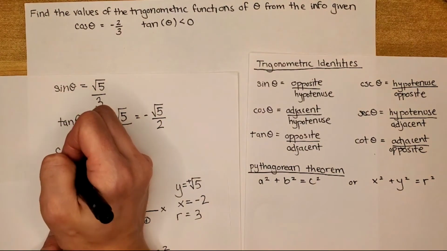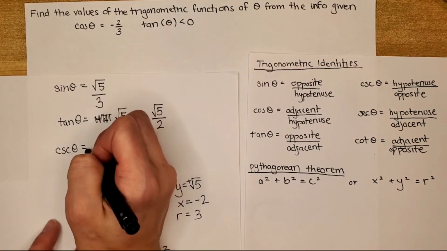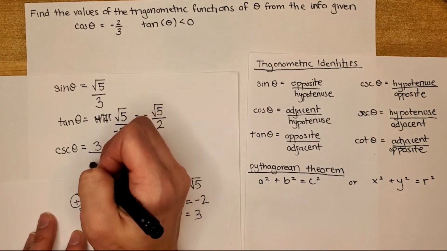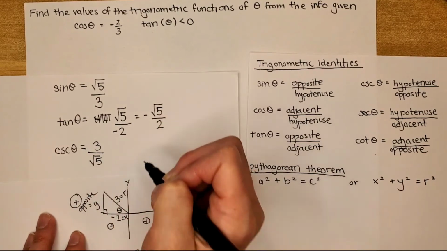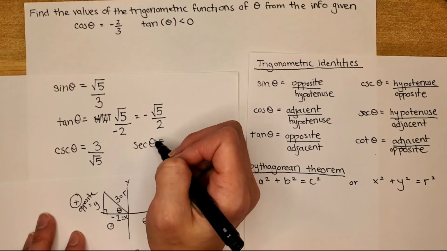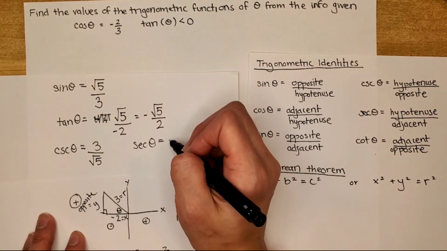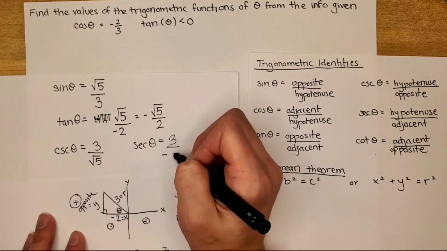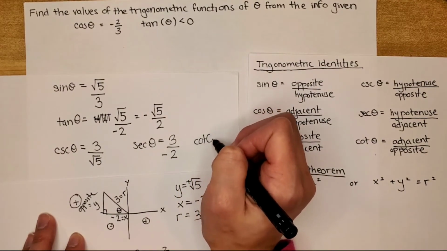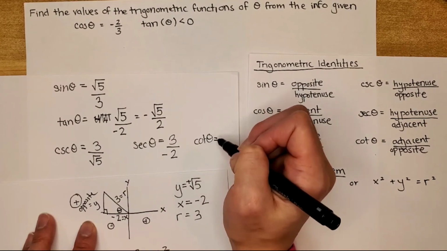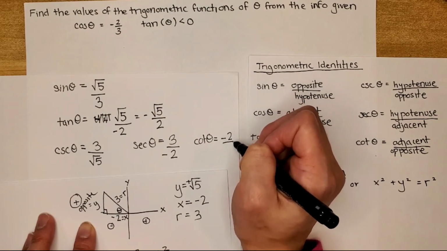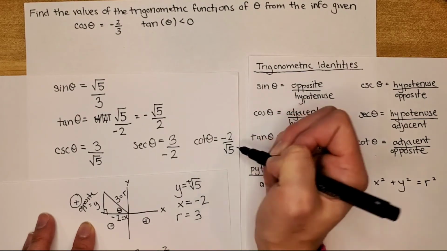So let's move on and find our cosecant theta, and that's going to be hypotenuse over opposite, so that's 3 over square root of 5. Our secant theta, which is hypotenuse over adjacent, is going to be 3 over -2. And then our cotangent, which is our final function that we're searching for, is adjacent over opposite, and that's going to give us a value of -2 over the square root of 5.